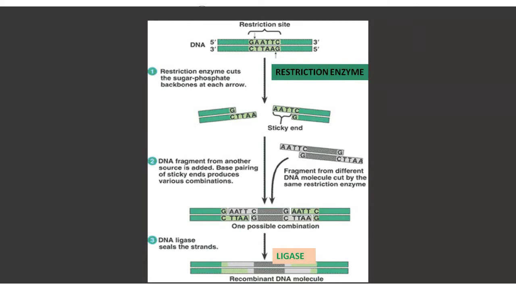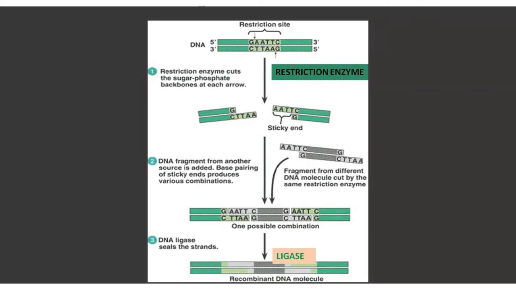So when this DNA and this DNA from two different sources are brought together, see what has happened? These two have hybridized, hydrogen bonds are formed, but still the bonds are weak. The gap is filled, of course, but it is not stabilized properly.